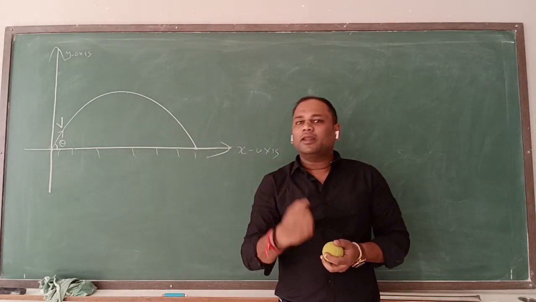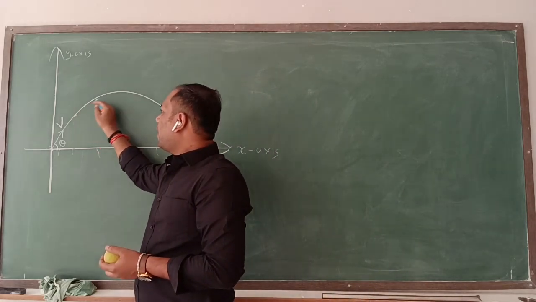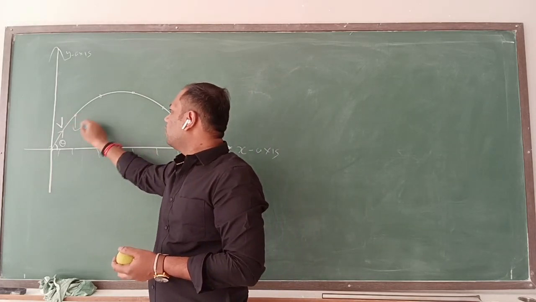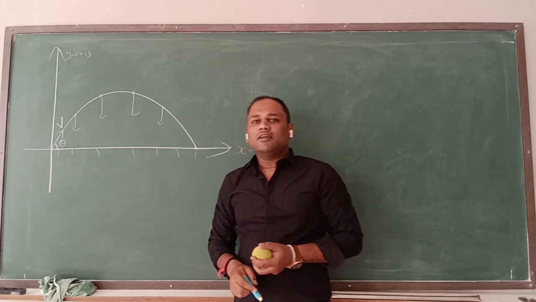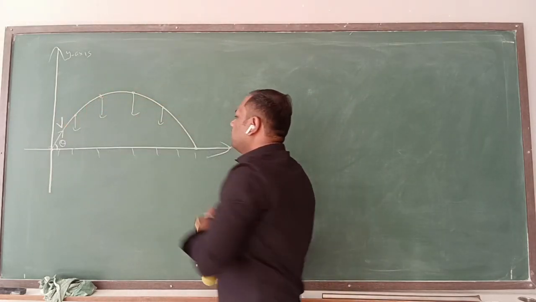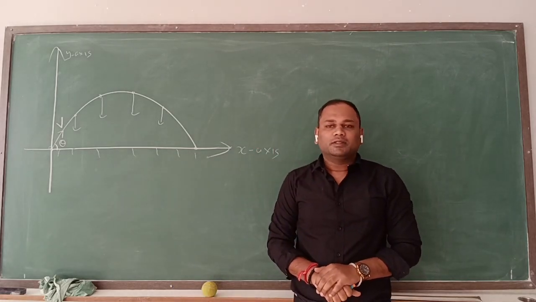Because gravity is pulling it downwards. At every point on the path, the gravity is trying to pull it down, which is changing its velocity vector. Every point the gravity is trying to pull it down towards Earth. So the gravity is playing a part here.